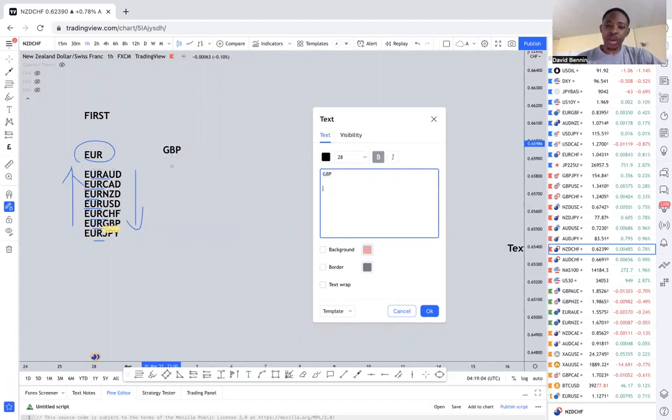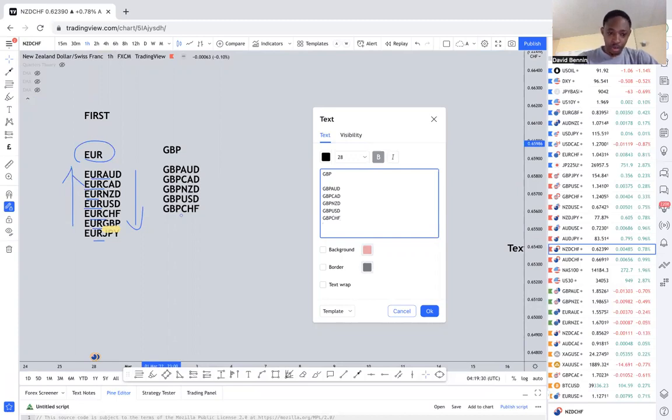So for the pairing with the pound, you have pound Australian dollar, pound Canadian dollar, pound New Zealand dollar, pound US dollar, pound Swiss franc.